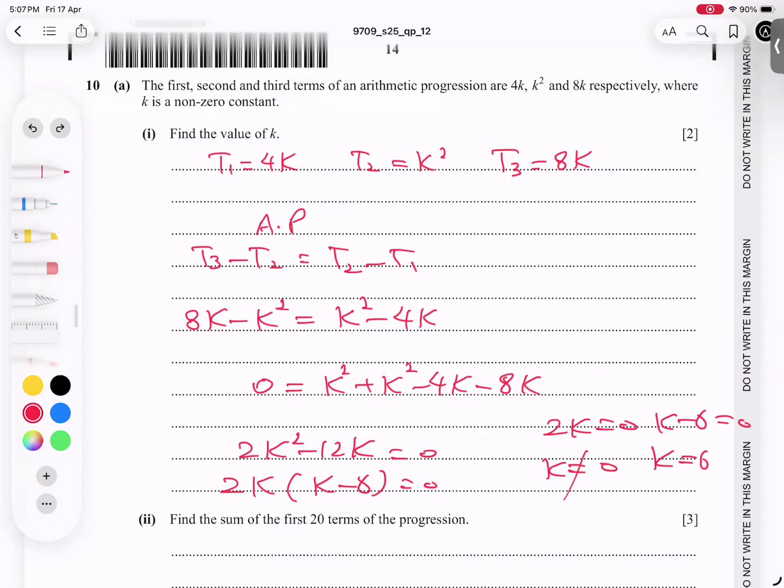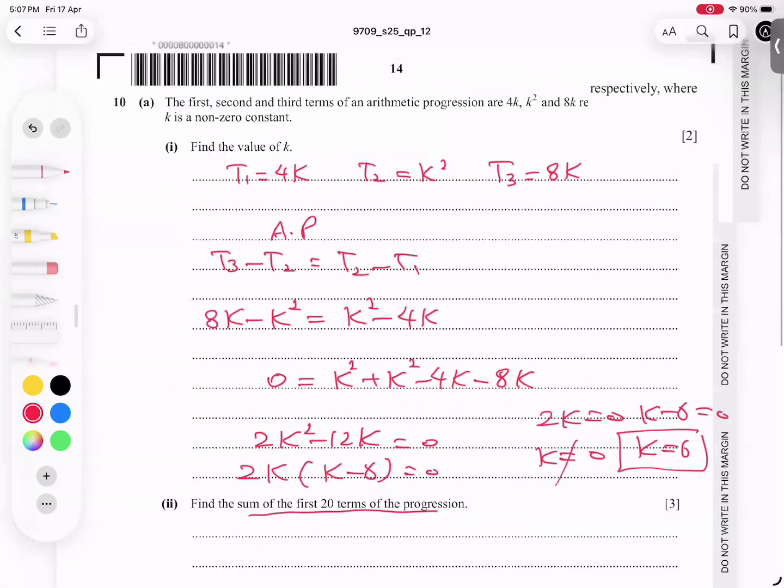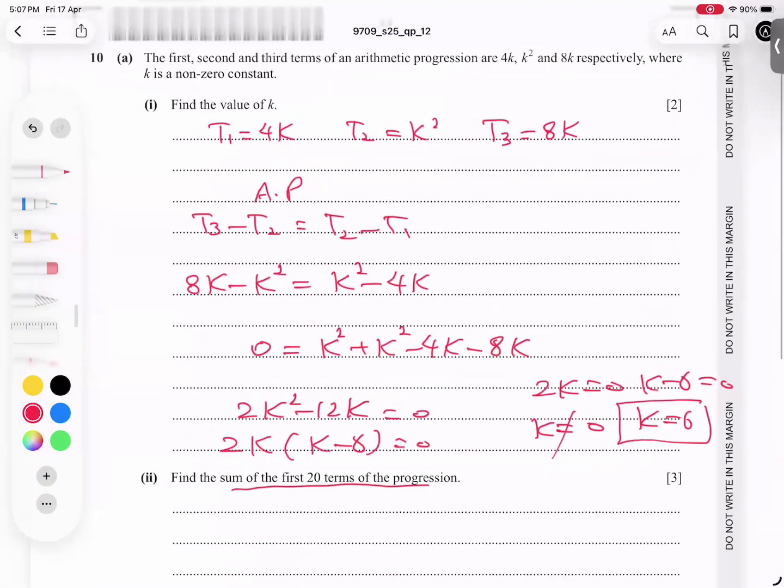The next part is asking for the sum of the first 20 terms of this arithmetic progression. So how can we find the first 20 terms? The formula is very clear.